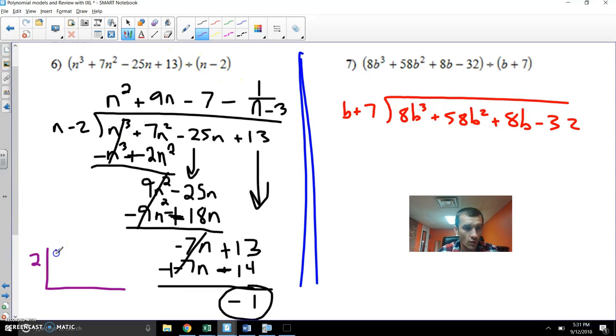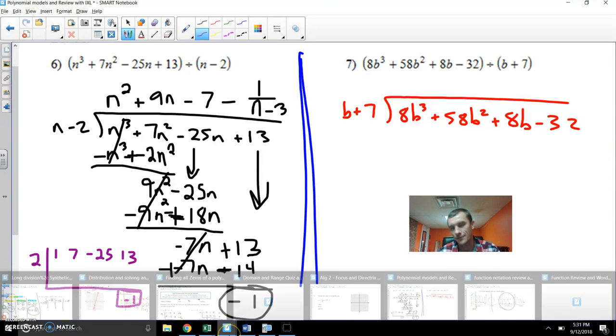So it looks like I had 1 into the third, 7n squared, -25n, and then a 13. And I'm going to go ahead and put my targeted remainder at the end as -1, because if I did this correctly, I should get that same remainder.